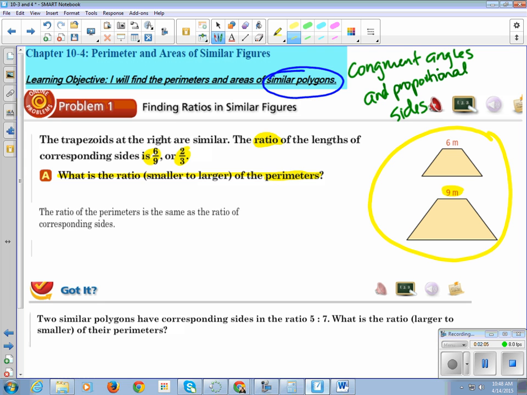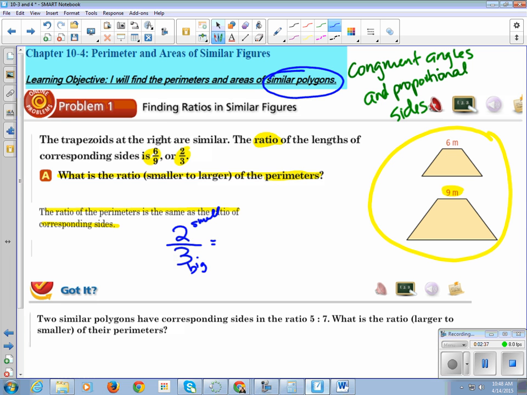So from meter to meter, I know my scale factor or my side length ratio is going to be the same. The ratio of the perimeters is the same as the ratio of the corresponding sides. My ratio is 2/3, small one to the big one.